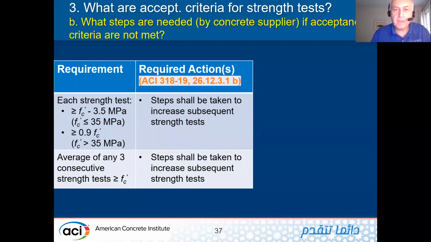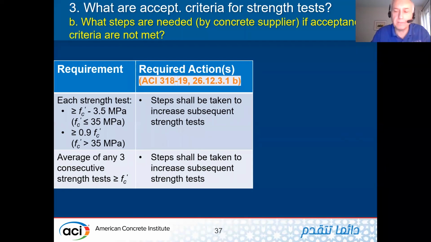And also the requirement that the average of any 3 consecutive strength tests has to be equal to or greater than the specified strength. The required action by ACI 318 says steps shall be taken to increase subsequent strength tests in both cases.